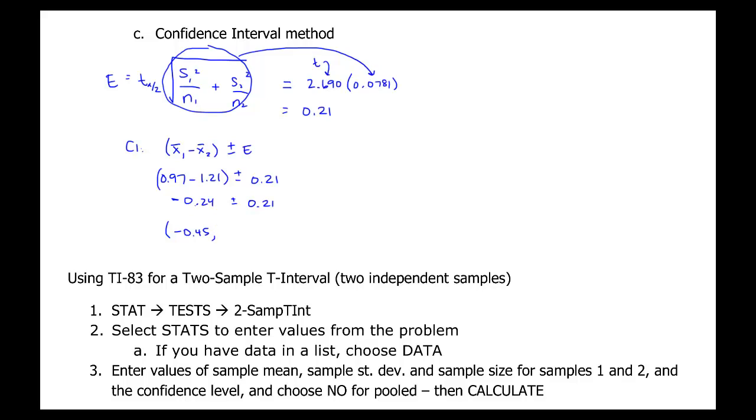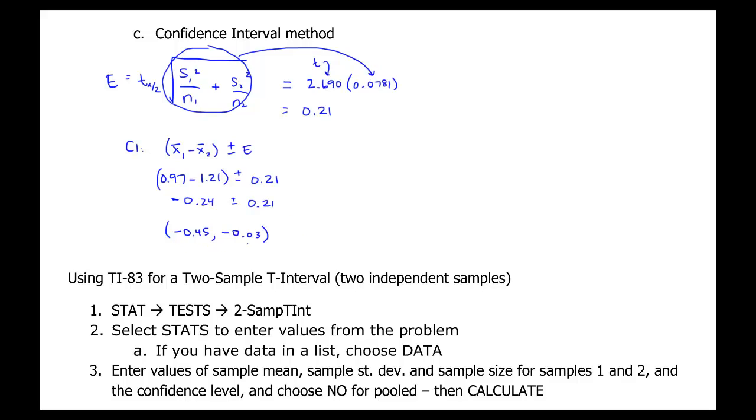So the smaller one, negative 0.24 minus 0.21, would give you negative 0.45. And negative 0.24 plus 0.21 gives you negative 0.03. Okay, so to interpret a confidence interval, for the sake of making a decision about something, if the difference is not equal to 0, you reject the null hypothesis.